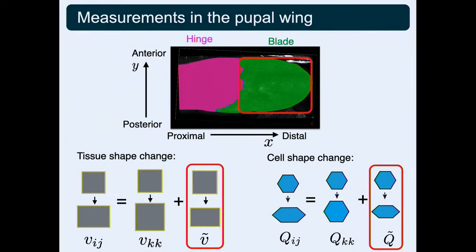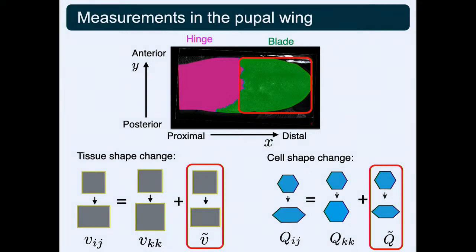Okay, so for computing the anisotropic deformation, I should look at this. Now, you probably already know, if I have this deformation tensor which is rank 2, I can decompose it into two parts. One is the isotropic component, which gives you a change in area, and the other one is an anisotropic component.